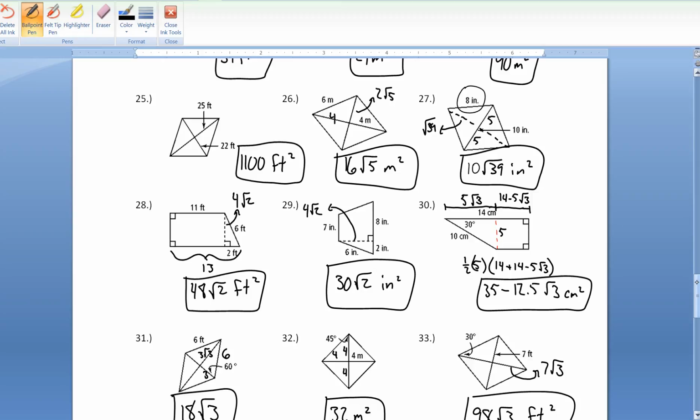The next one, again, I use the Pythagorean theorem to come up with the height, and it's the same set of numbers, so that makes it a little bit easier. And then I do 1/2 the height times the bases, and keep in mind again this base over here is a total of 10, so just be careful with that. So 1/2 the height times the bases added together.